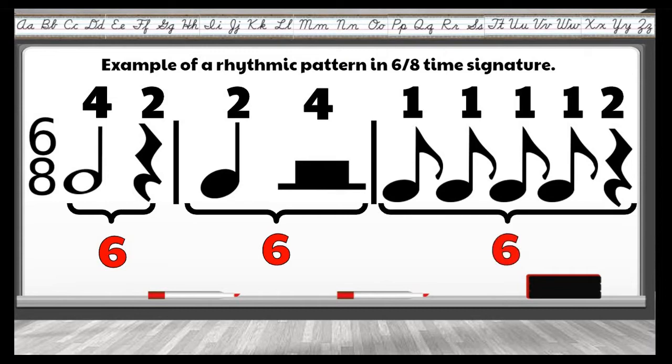The same with the second example. Every measure has 6 beats and every 8th note receives 1 beat. In creating a rhythmic pattern, it is important to count the values of notes and rests in every measure according to the time signature.